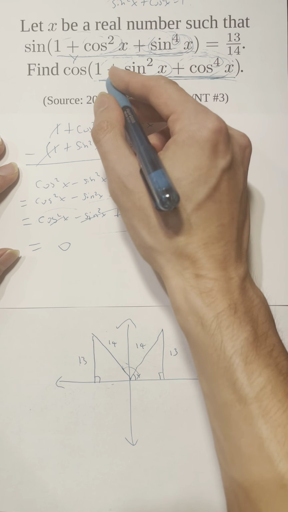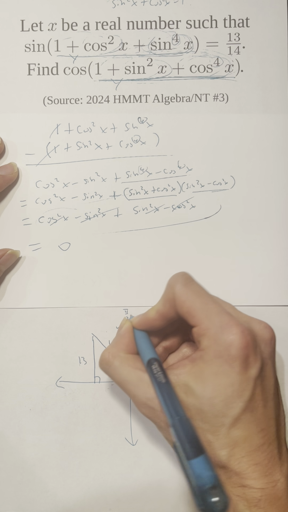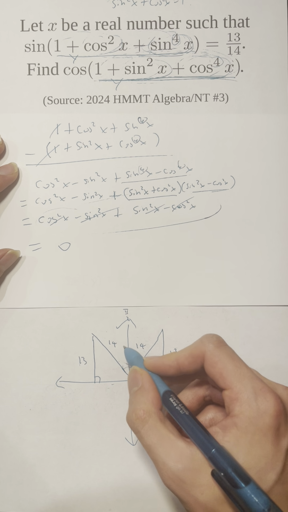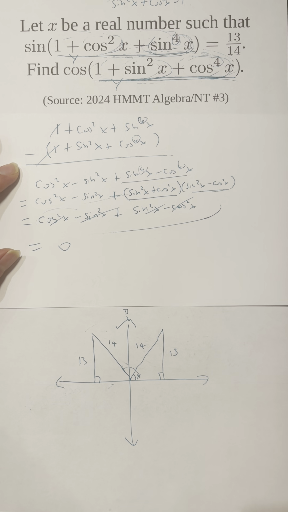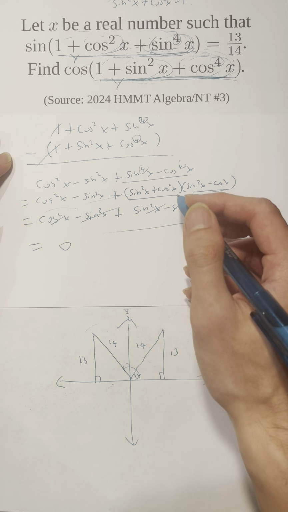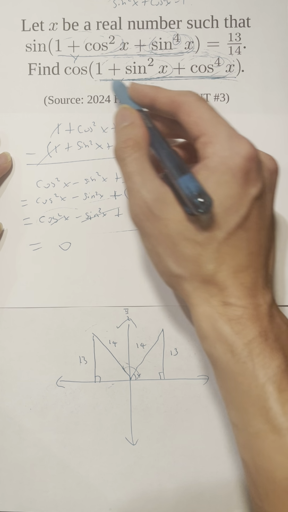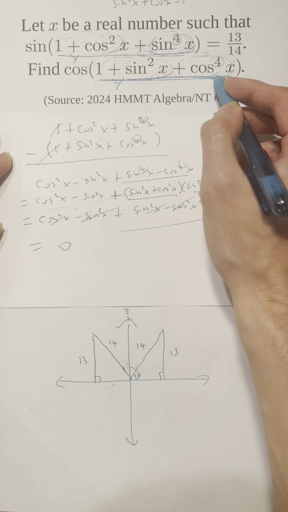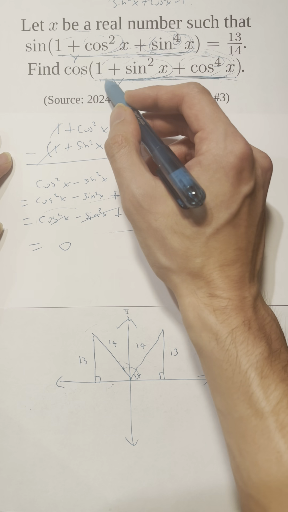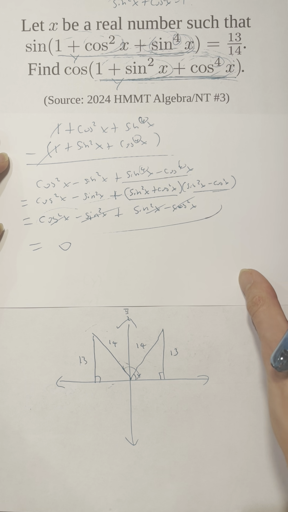If we can show that this has to be more than pi over 2, then our angle is going to be in this quadrant. So it makes sense to bound this. And by bound, I mean find an inequality where we find the minimum of this. So let's go ahead and do that.